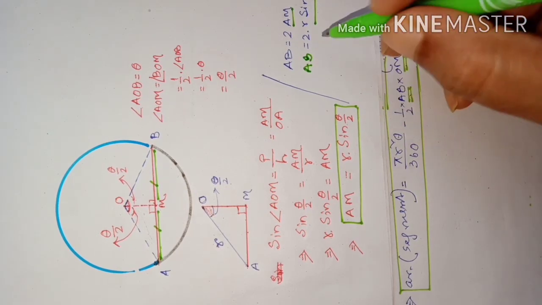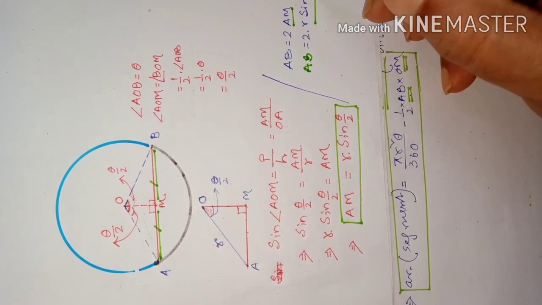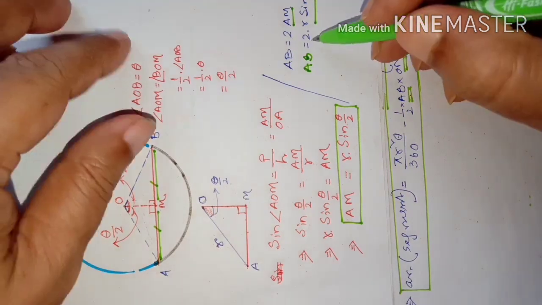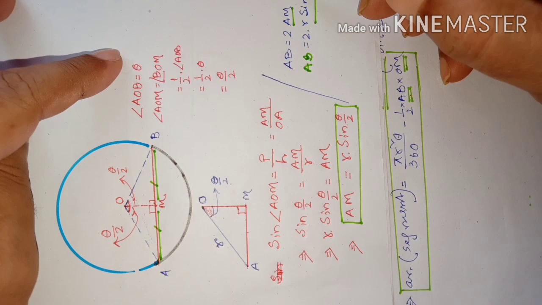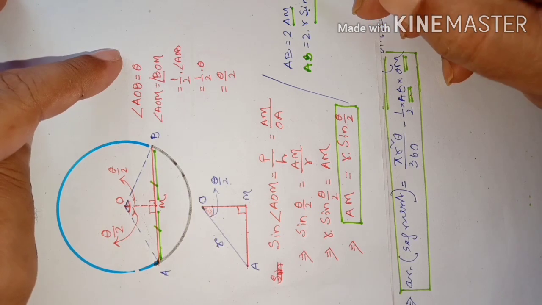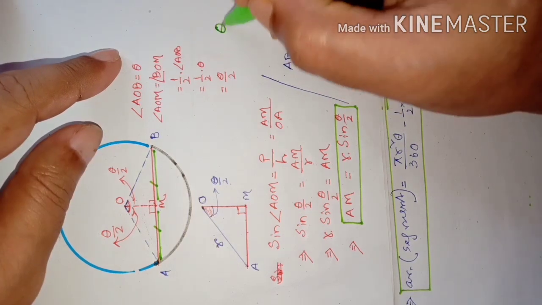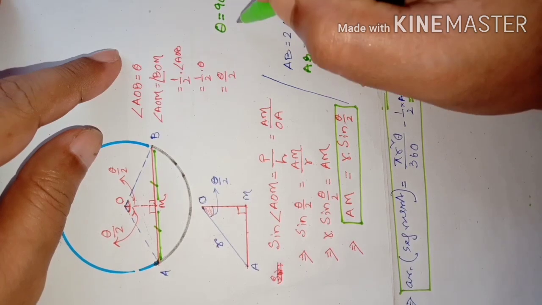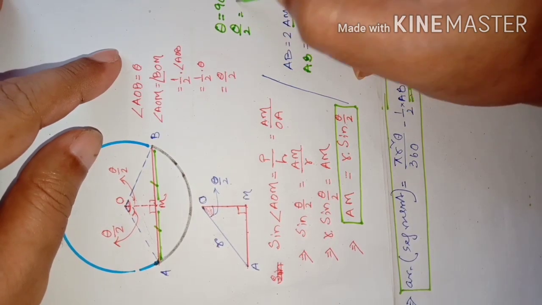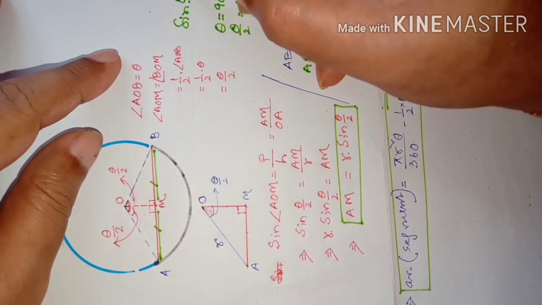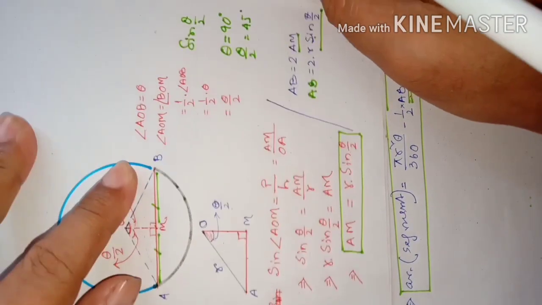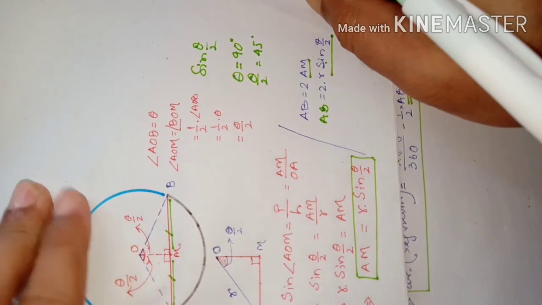Now you may be thinking, can I cancel this 2 with this 2? No dear students, this 2 is actually telling us to divide the angle, and sine of that. Suppose theta is 90 degree. That means theta by 2 is 45 degree. So when you say sine of theta by 2, then we will understand what?